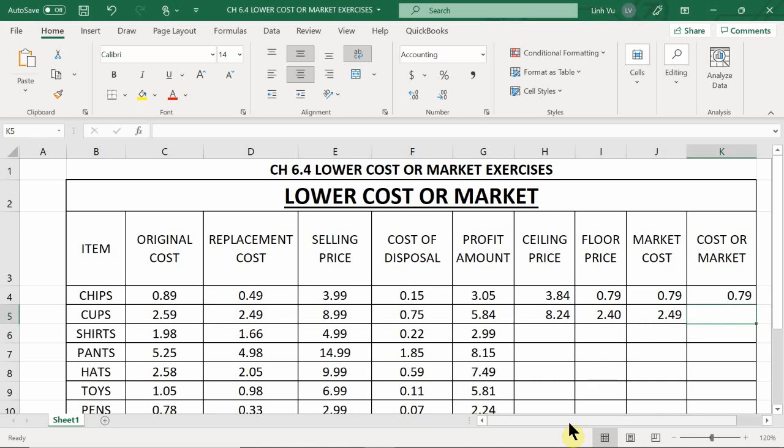Then, which is lower? My original cost of $2.59 or my market, which is $2.49? Your market is lower.